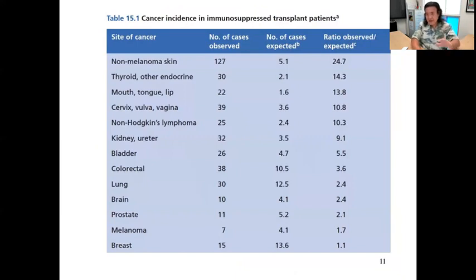So this is just a table that is another look at that table on the previous slide, just looking through different examples of different types of cancers in immunosuppressed transplant patients. All right. Don't have to memorize this.